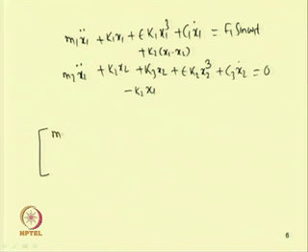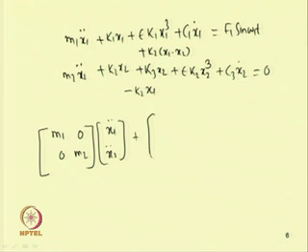So, in matrix form this will be equal to m1 0 0 m2, times x1 double dot x2 double dot, plus, let us write the linear part in this way: k1 plus k2 x1 minus k2 x2 for the first equation.